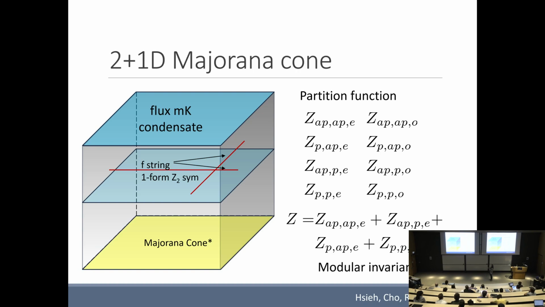But this is, again, the same modular invariant partition function for the Majorana cone, because with periodic-periodic boundary conditions, there's a zero mode. So the even and odd sectors of the partition function are exactly the same. So this is, again, consistent with the fact that when we use the top boundary to determine the partition function, we get a modular invariant partition function.